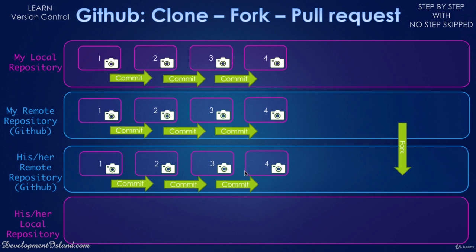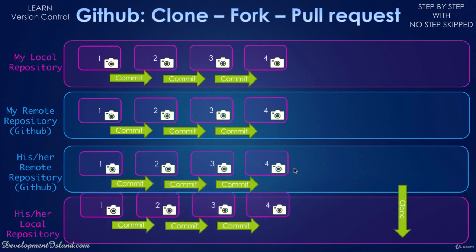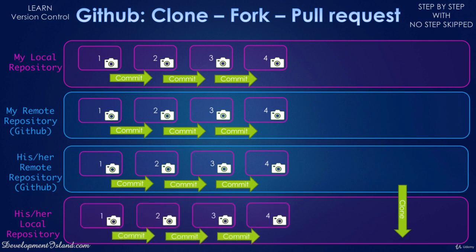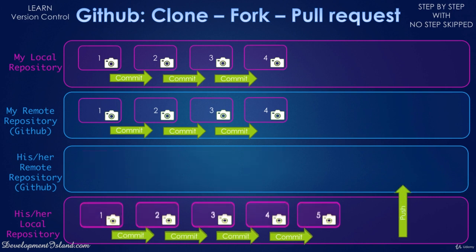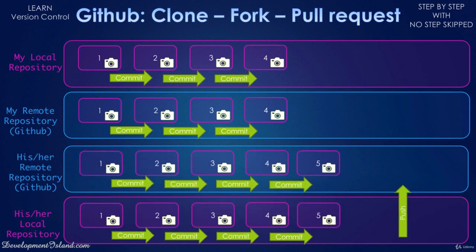And then after that, instead of making changes directly on GitHub, they chose to clone that GitHub repository into their own local environment. So this created a new repository, which is a copy of that one, in their local computer. So they used their favorite editor to make changes and commit them. And then after that, they pushed back those changes to their own GitHub account.